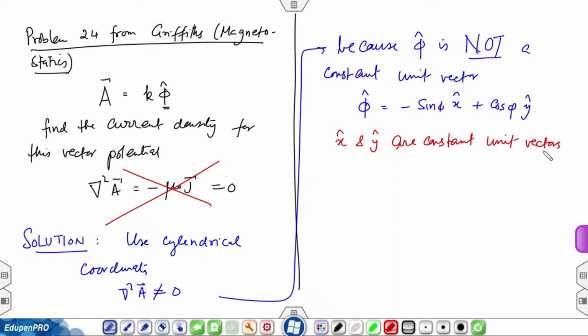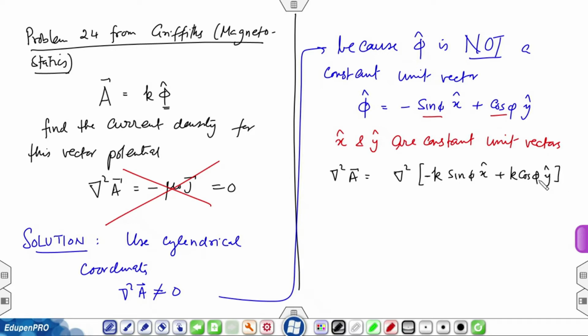So, now I can do the Laplacian calculation. I am calculating del square A, which is equal to del square of minus k sin phi x hat plus k cosine phi y hat.